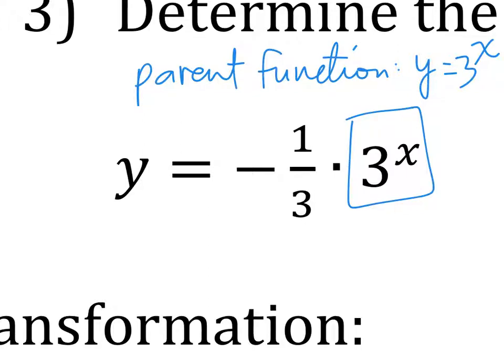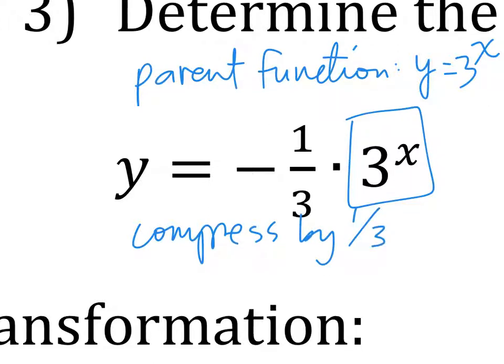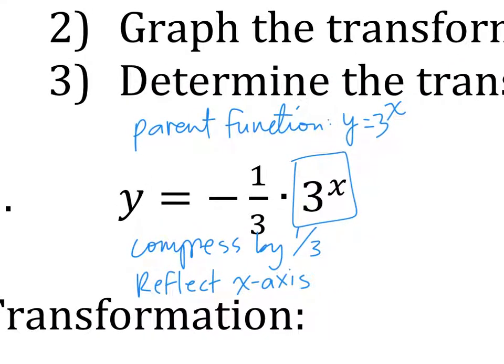So what's the first transformation or one of the transformations? Compressed by 1/3. Okay, and then the other one, someone else? Reflect x-axis. Okay, and then we'll graph this together later.